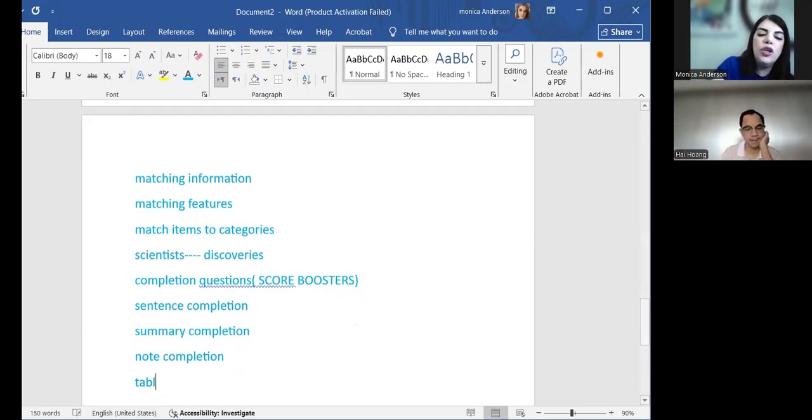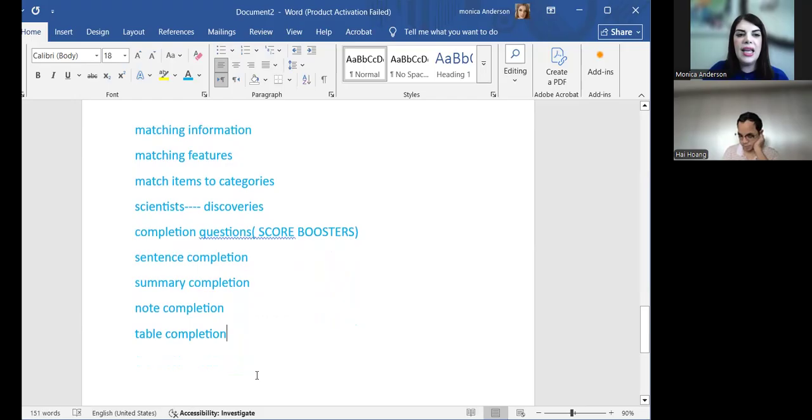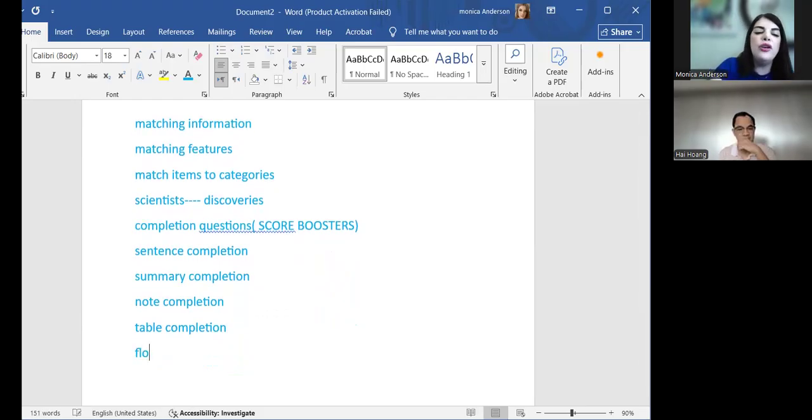Table: you have a table and you need to complete it. It's really easy. Then we have flow chart, like a diagram, where you label different parts of a process.